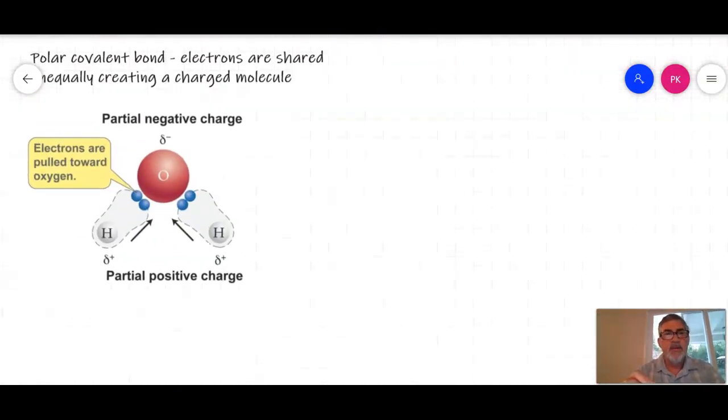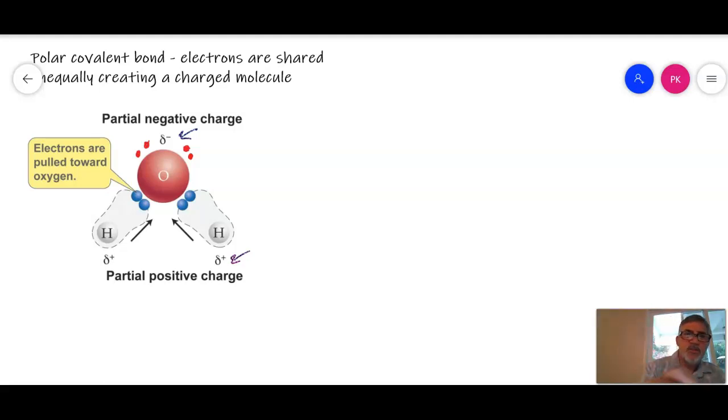So when we put them together, oxygen is not strong enough to take the electron from hydrogen, it just can hold it right next to it, right? Which gives it a partial negative charge, right? And each hydrogen will have a partial positive charge. Now the oxygen will have 2 unpaired electrons up there.